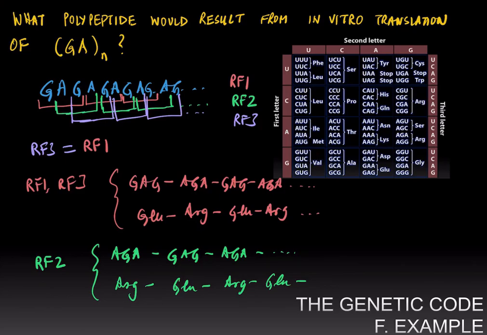However, whereas when you had a repeating triplet, as in the previous example, you only got one amino acid in the polypeptide, and only one amino acid after you digested it, in this case we get a mixture of amino acids after you digest the polypeptide.